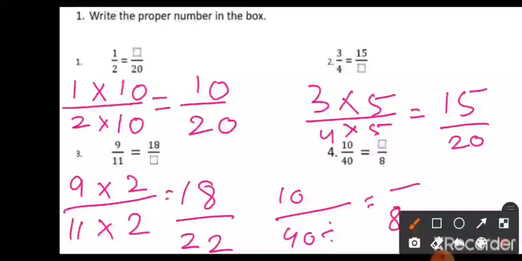Read the table of 8. 8 ones are 8, 8 twos are 16, 8 threes are 24, 8 fours are 32, 8 fives are 40. Very good. So if we divide 40 by 5, then we will get answer 8. If we are dividing the denominator, we have to divide the numerator with the same number. So 5 ones are 5, 5 twos are.